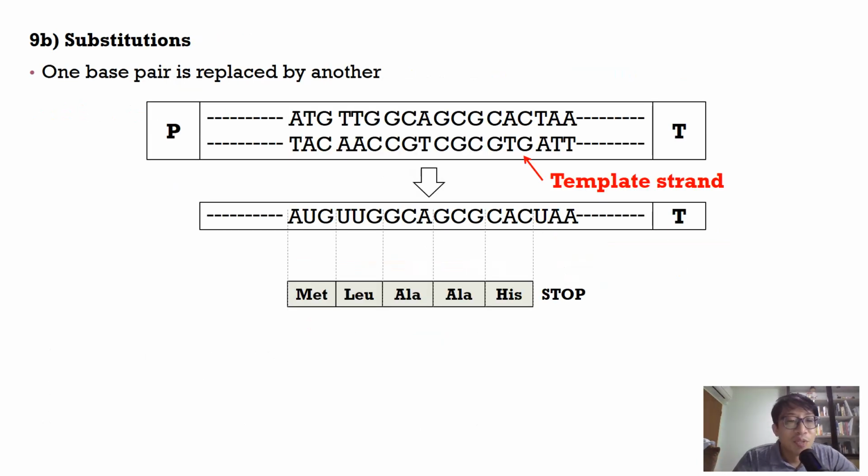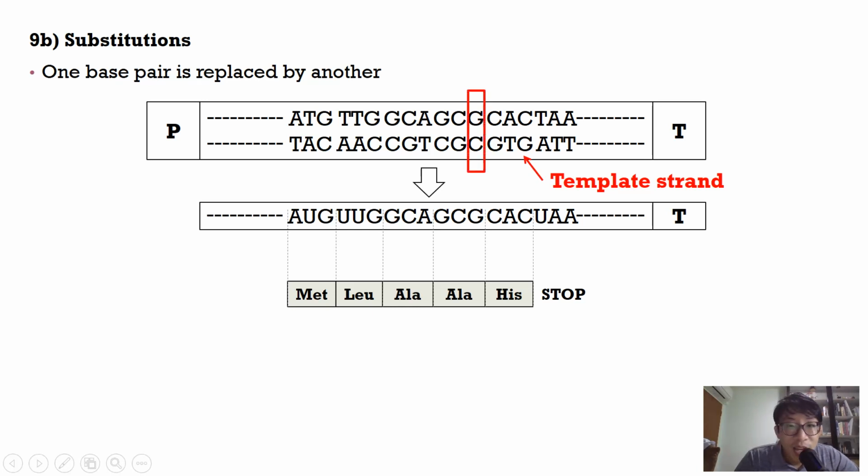Okay? So next we look at substitution, which is when a nucleotide or base pair is replaced. So there's not addition or deletion, it's replacement, substitution. Okay? So same example as just now. You have the gene sequence, the transcribed mRNA sequence, and the translated amino acid sequence here, matching to the codon.